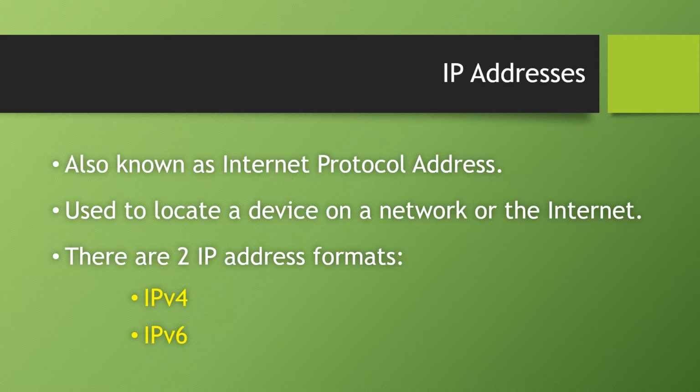In order to find a device or a server, you also have to have an internet address or an IP address. There are a couple of different formats in use right now: the older IPv4 and the newer IPv6 are both formats of IP addressing currently in use today.